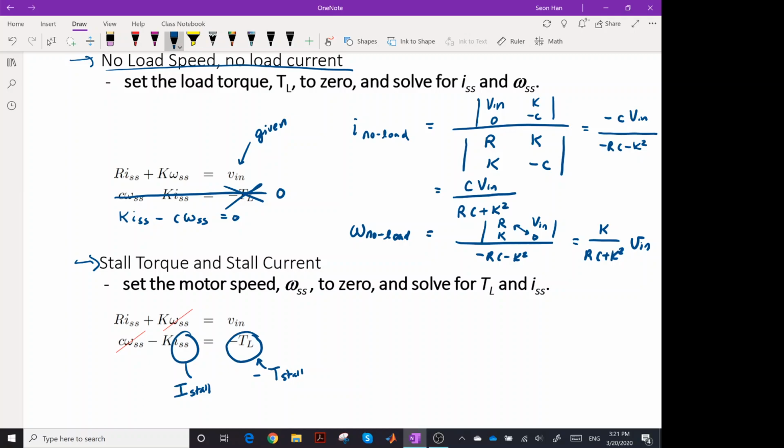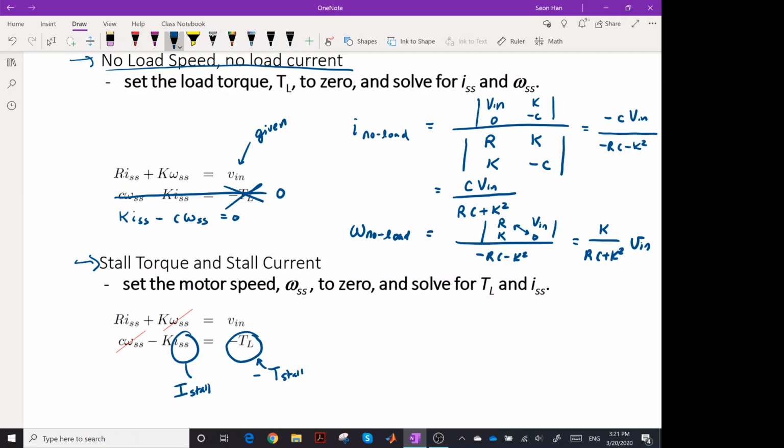And then sometimes you might have to just reverse engineer and find out what is the resistance, what is the K, what is C. Given those currents and the speed and the stall torque, you can find those values.